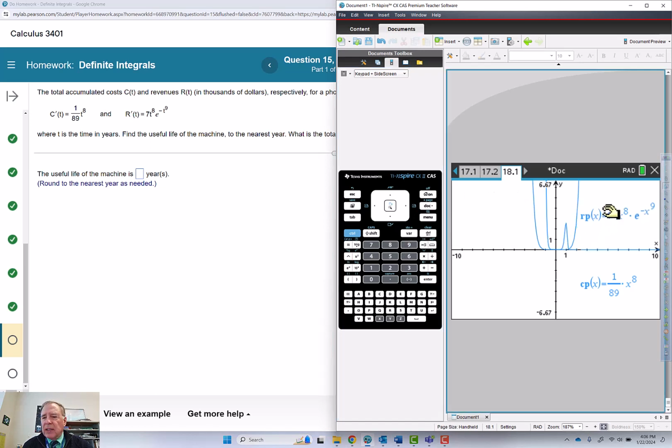So we can see that we're only making money when there's space between these two functions.